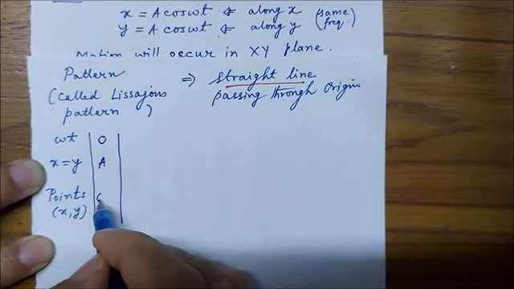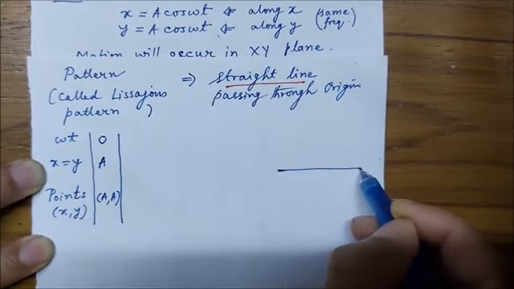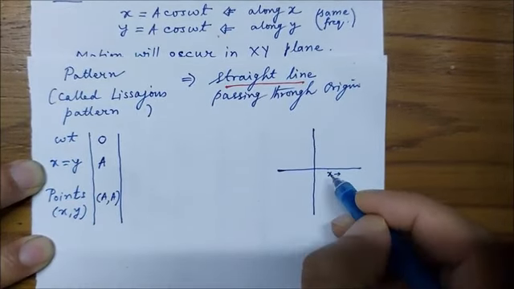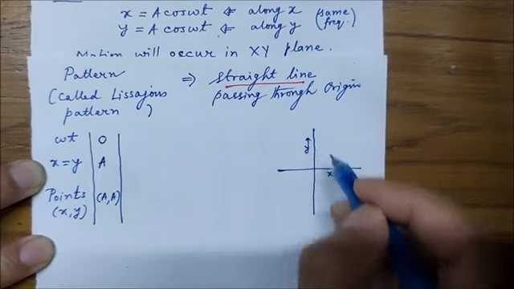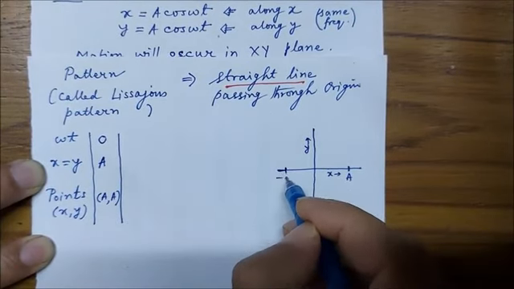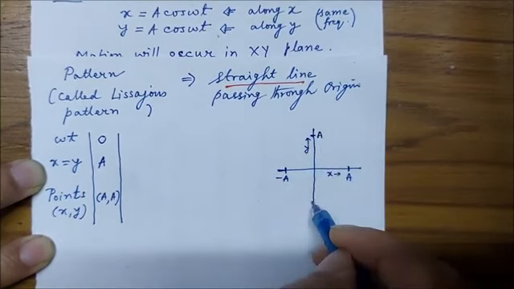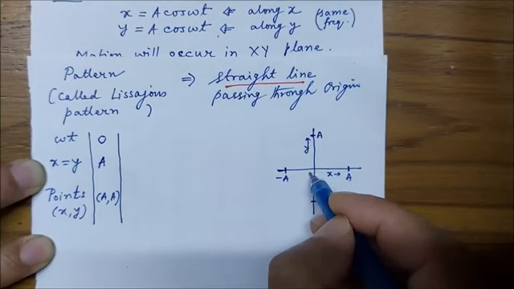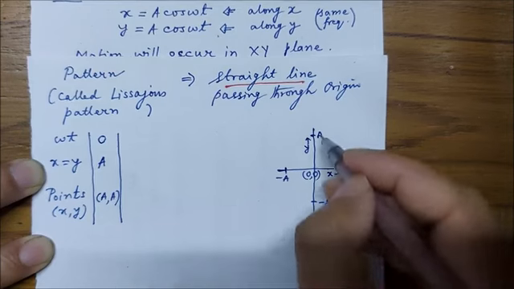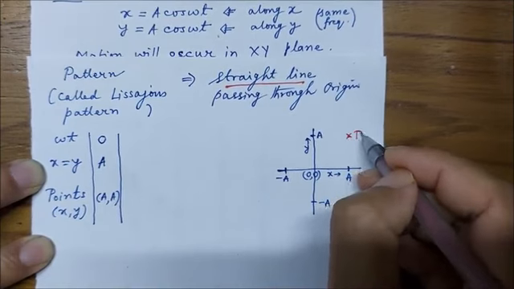The coordinates are a, a, and let us make a plot here. This is x-axis, this is y-axis. This is plus a, this is minus a along x, this is plus a along y, and this is minus a along y, and this is the origin, which is 0 0. So a, a corresponds to a point here, which we denote by P.